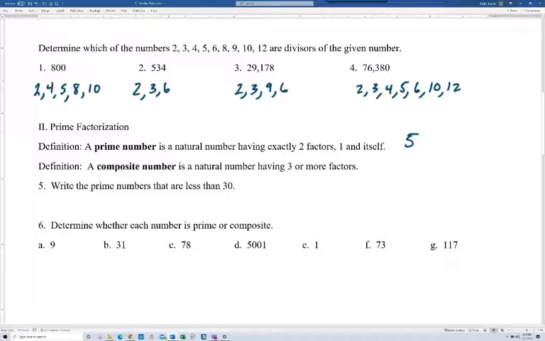So the number 5 has just 2 factors, 1 and itself. So that's how it works with prime numbers. A composite number is a natural number having 3 or more factors, or in other words, more than 2. So on number 5 here it says, write the prime numbers that are less than 30.